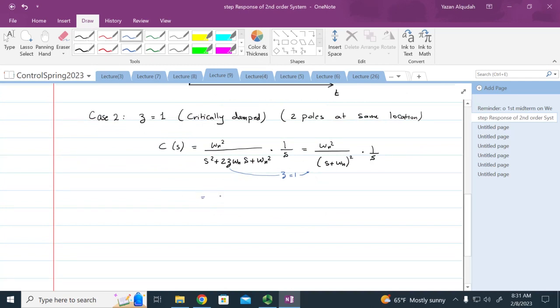Again, we're going to do partial fraction expansion. This is going to expand as 1 over s minus 1 over (s plus omega n) minus omega n divided by (s plus omega n) squared.